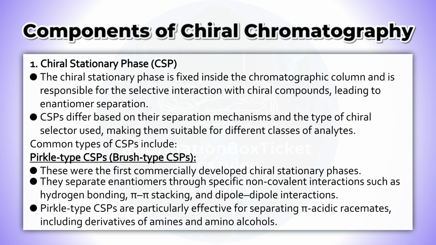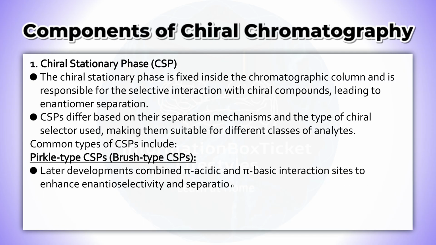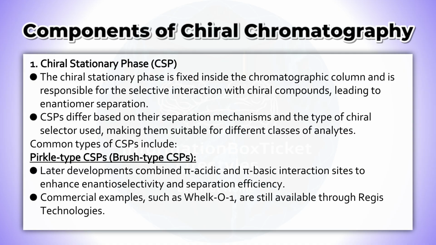Pirkle-type CSPs are particularly effective for separating pi-acidic racemates, including derivatives of amines and amino alcohols. Later developments combined pi-acidic and pi-basic interaction sites to enhance enantioselectivity and separation efficiency. Commercial examples, such as Whelk-O1, are still available through Regis Technologies.